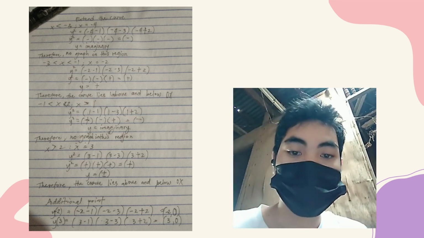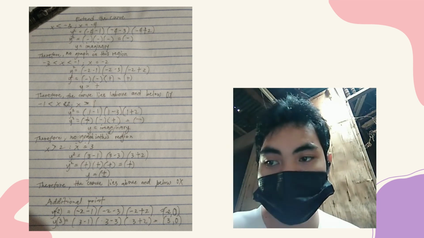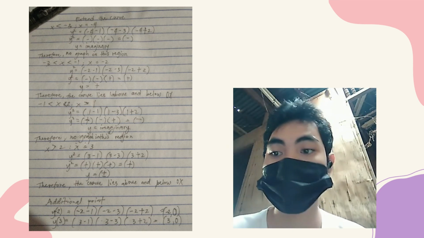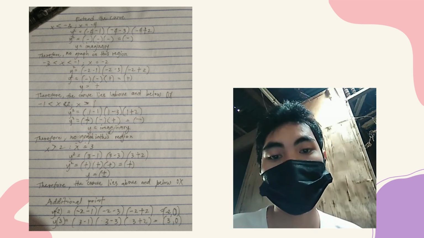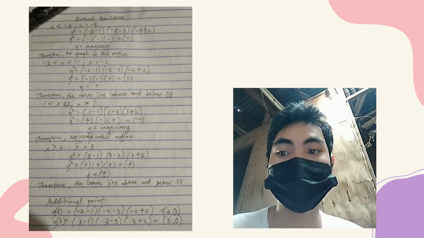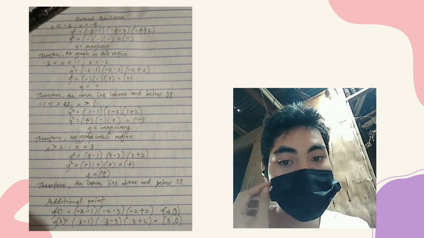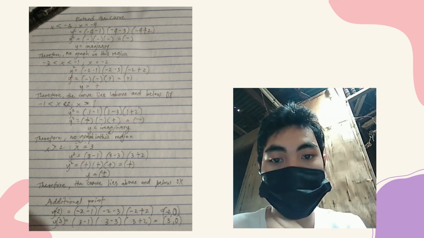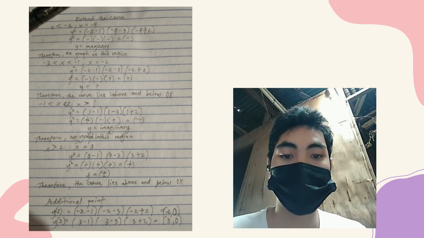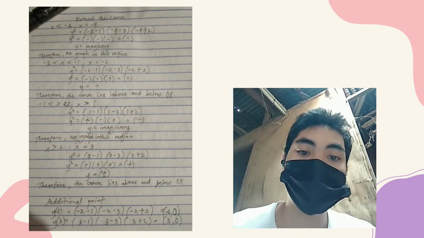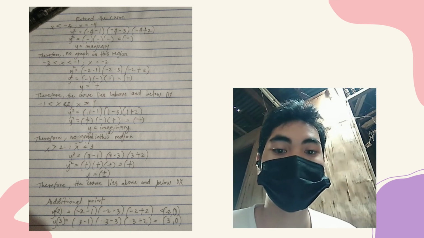For our third region, negative 1 is less than x, and it's less than 2. So our x here will be equal to positive 1. So we'll just substitute the value of x, which is y squared equals to the quantity of 1 minus 1 times the quantity of 1 minus 3 times the quantity of 1 plus 2.